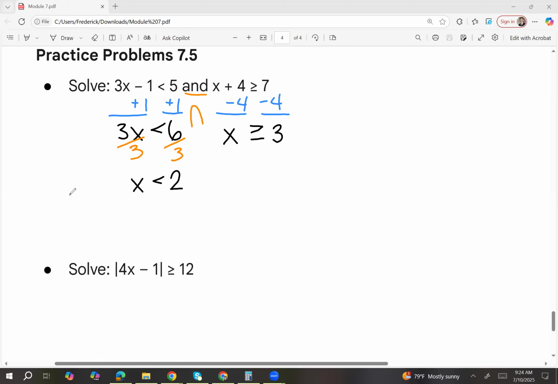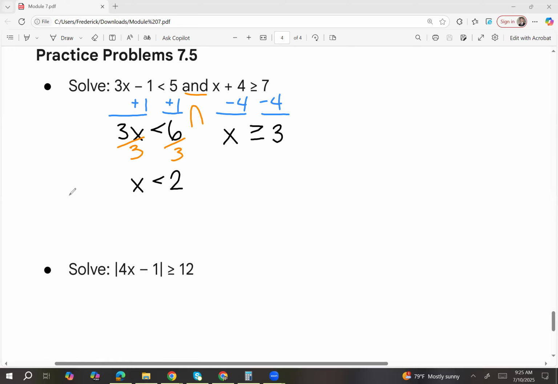Adding or subtracting something from both sides does not include flipping signs. It's only when we multiply or divide by a negative on both sides that we change the order of the inequality. Okay? So that looks good to go.